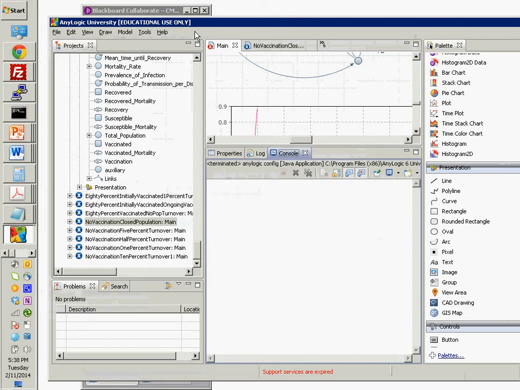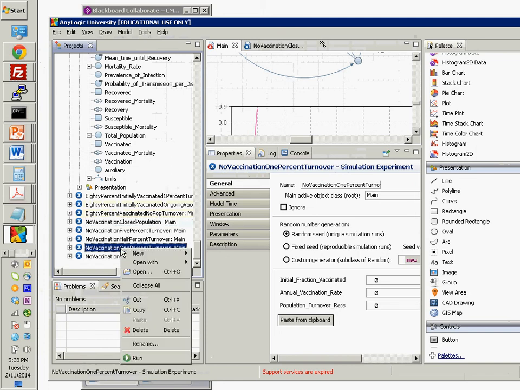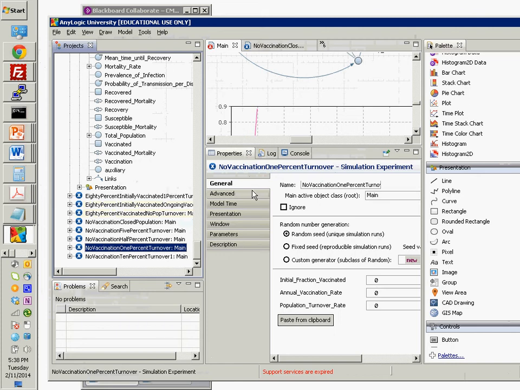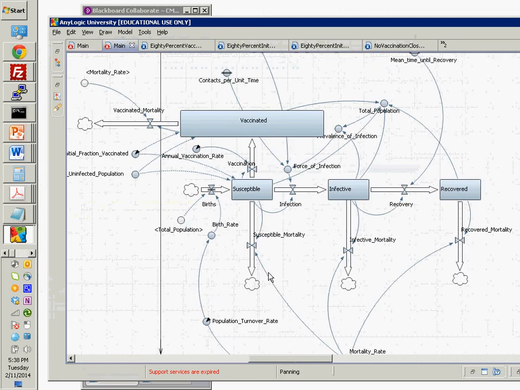Okay, so I'd like to challenge people here. Good. There's loops. Yes, there are loops associated with oscillations. So I'd like to suggest no vaccination, and we're going to have a 1% turnover of the population, 1% per year. In the one we've been looking at, no one's been coming in for births, no one's been leaving, no one's been vaccinated.